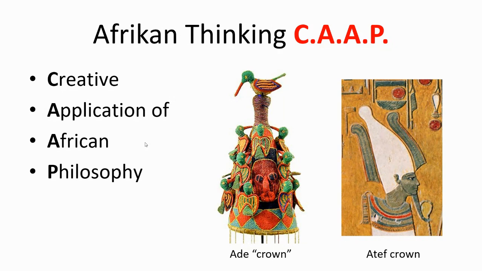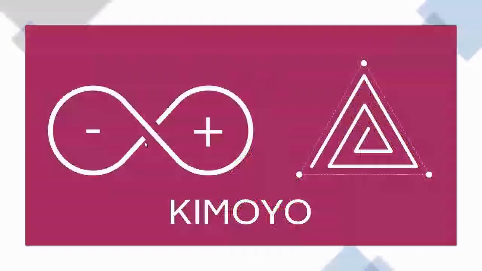And so these are the foundational Kimoyo symbols for us. The symbol on the left is the one that was initially introduced, and the one on the right will have its own lesson. One of these lessons, either lesson 4 or 5, will deal with this particular symbol on the right hand side.